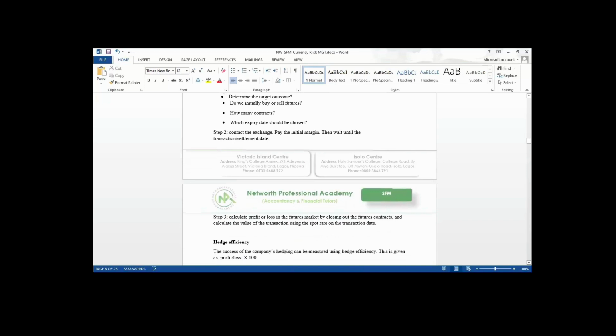Your step number 3. Calculate the profit or loss in the futures markets. Now, please note that step number 3 is basically to evaluate your hedge results.